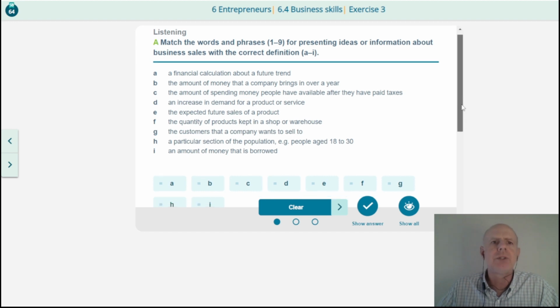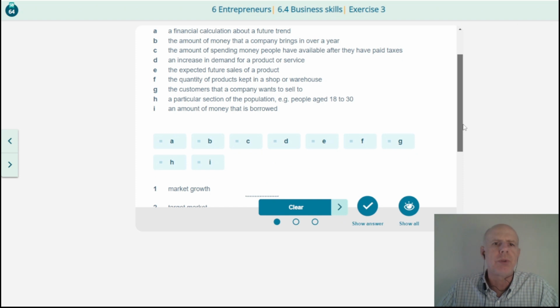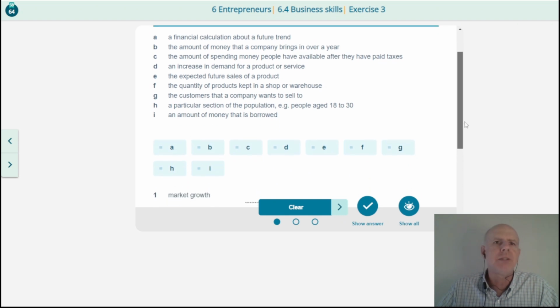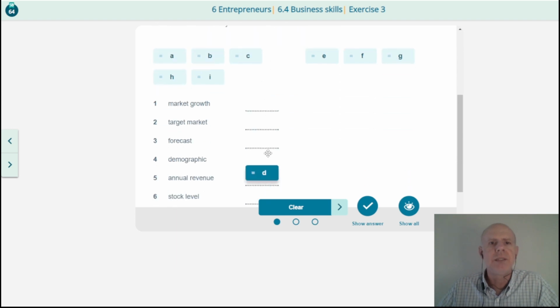There are 2 that are too easy. But the first one is market growth. Which one is market growth? Market growth is an increase in demand for a product or service. The market is growing because there's more demand, right? So number 1 is letter D. Number 2 is target market.